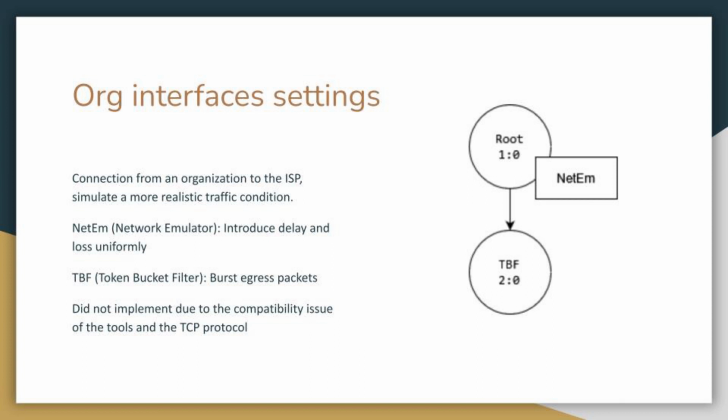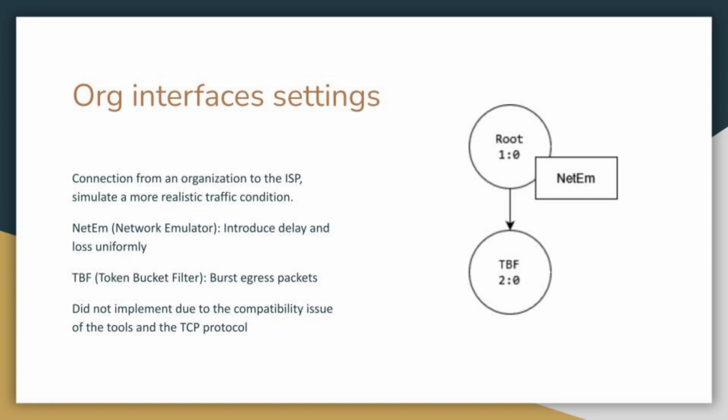To set up the organization switch interfaces, we plan to use network emulators and TBF queue disciplines to achieve more realistic network conditions. The network emulator will slow down packets uniformly by giving delay and loss. The TBF will burst the packets when going out.